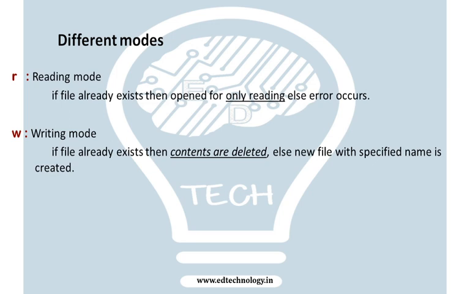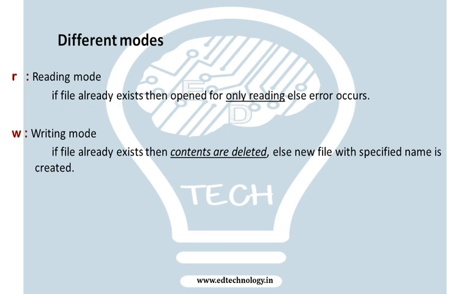This is a very important mode, because if you are not conscious in using it, you may lose a lot of data. Why? Because if the file already exists, let's say resume.doc is the file which you are trying to open in the writing mode, once you write that syntax, it will open the file, but it will clear out all the data which is there in the file.